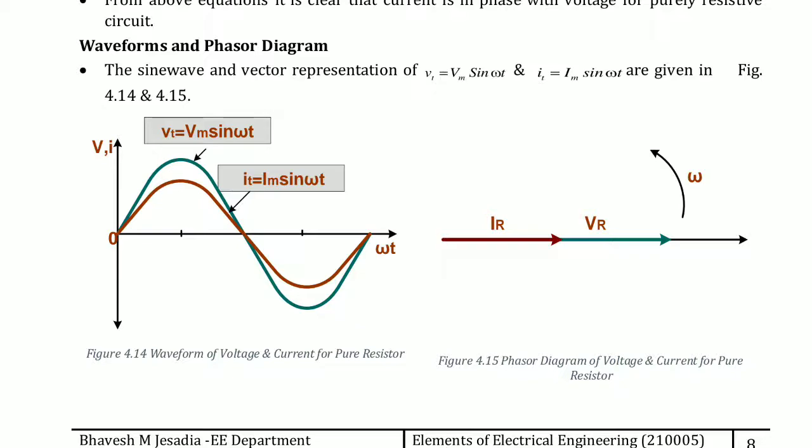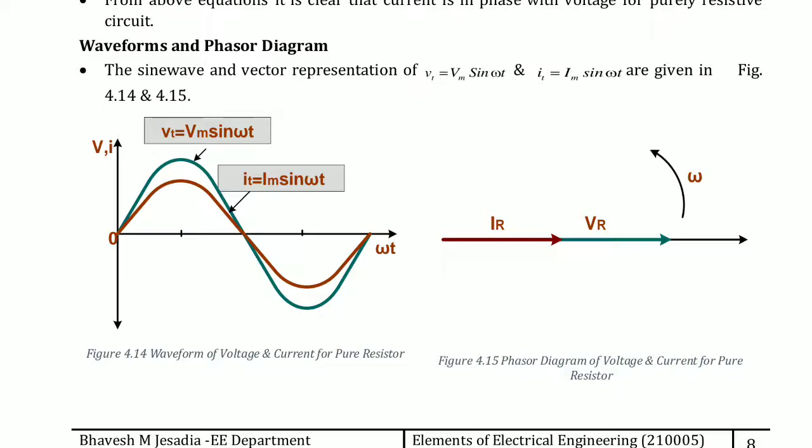So voltage and current both start together, with the same frequency and same time, and they are in phase. In a pure resistive circuit, voltage and current start at the same point, in phase. Now, the phasor diagram.